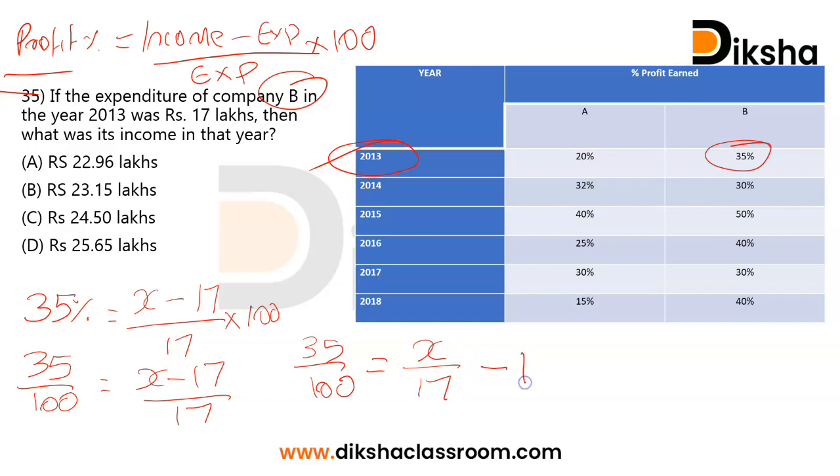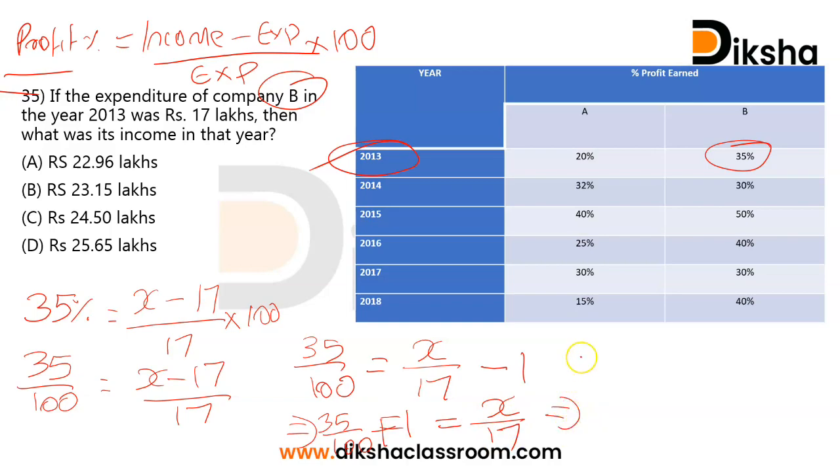Just splitting it out, 35 by 100 plus 1 equals X by 17.